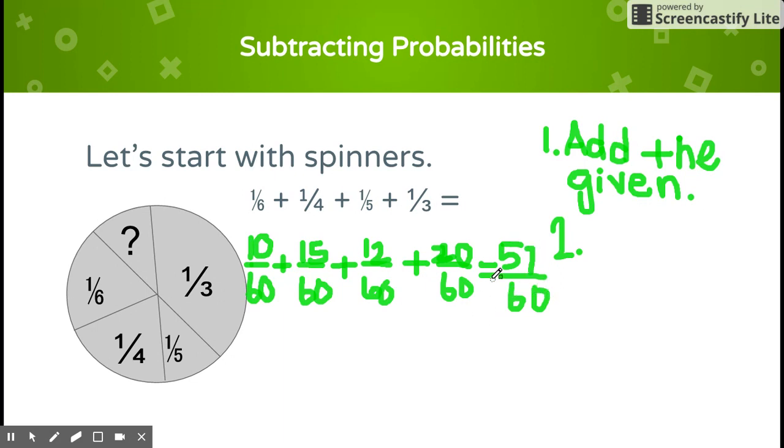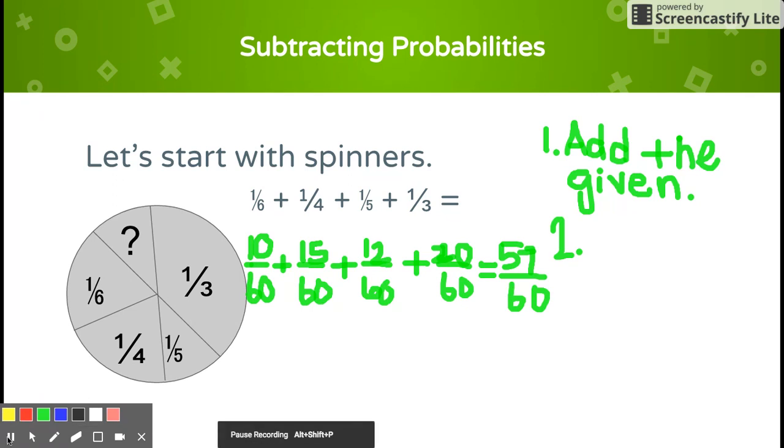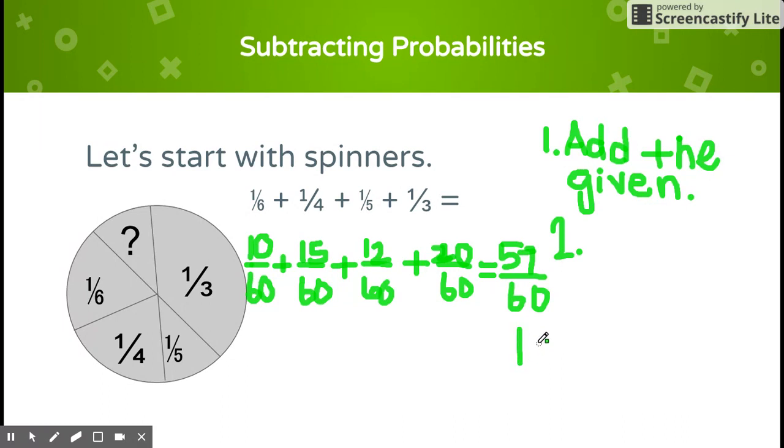All right, so step 2 is we're going to subtract. Well, actually, if we can reduce this, we're going to reduce it. We can reduce this one. We can multiply the top and the bottom by 3. And that would end up giving us 19 over 20.